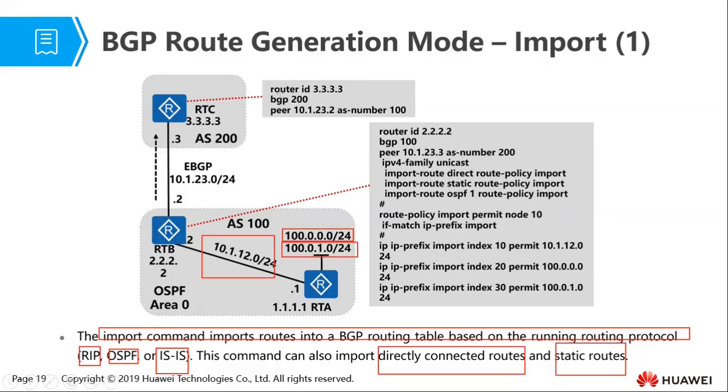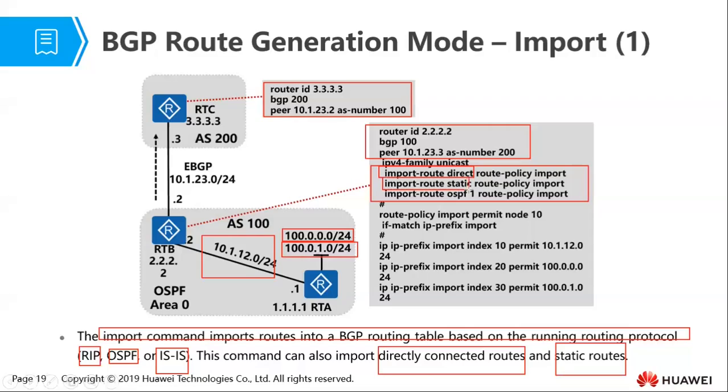So here we configure the neighbor, the peering between RTC and RTB, using those commands that we've seen. Then after that, we use the import command. Now you see here, we are saying import route direct. That's how we import directly connected routes.